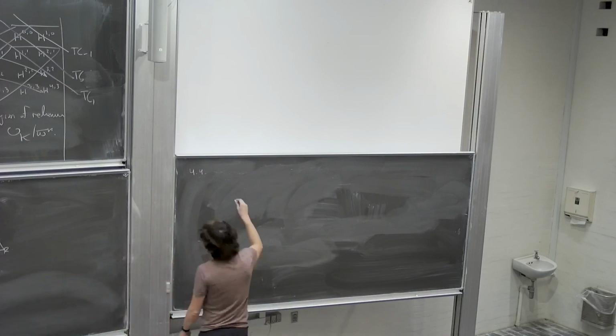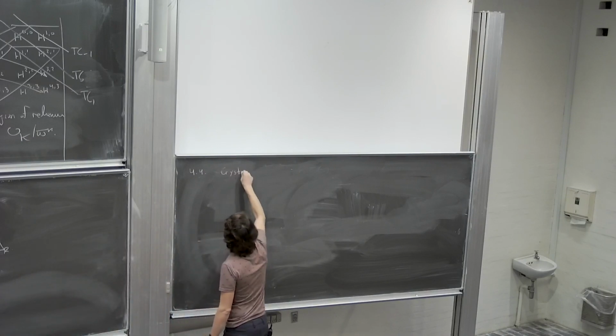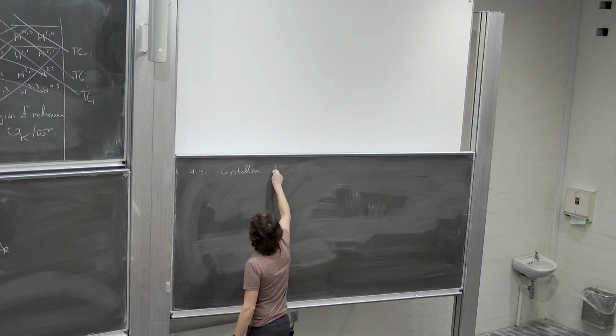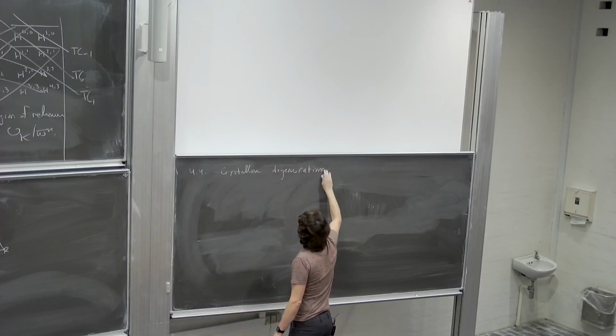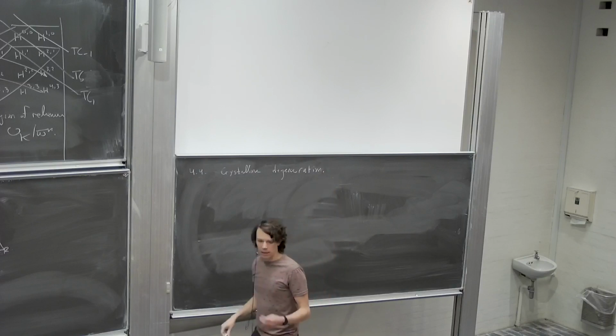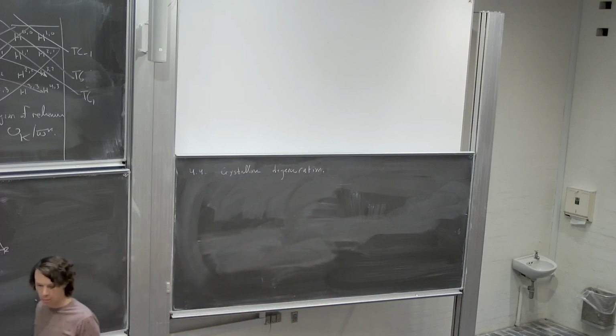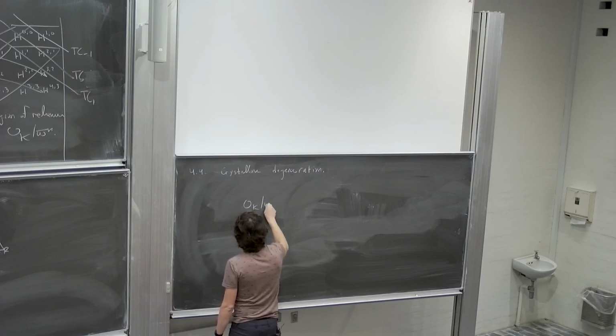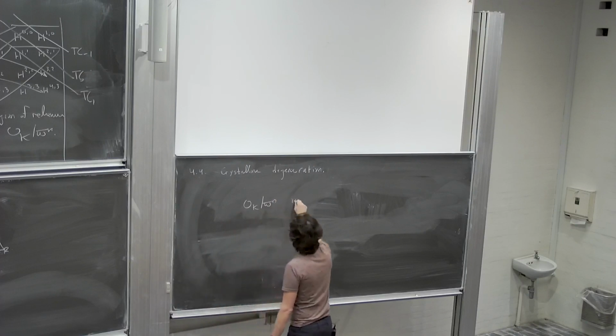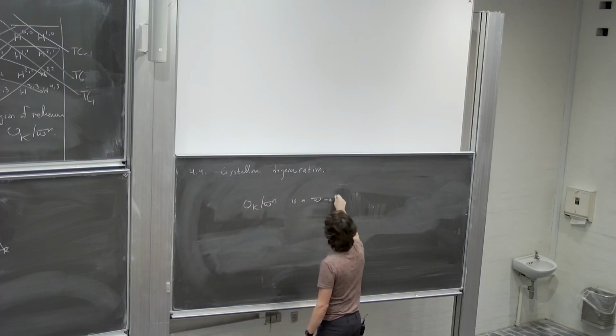So I guess we've been calling this sort of technique crystalline degeneration. And it harkens back to this extra filtration number 4 that we had yesterday, right? O_K mod pi to the n is a filtered ring, a pi-adically filtered ring.